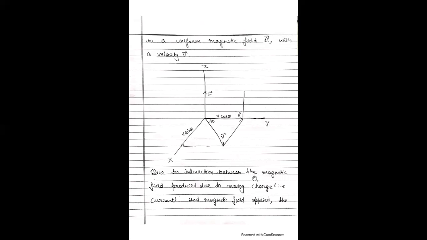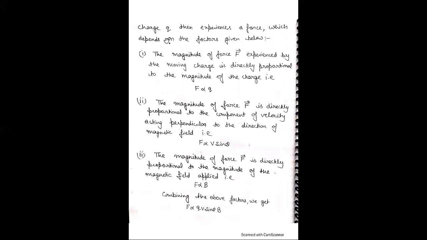Due to interaction between the magnetic field produced due to moving charge and magnetic field applied, the charge Q then experiences a force which depends on the factors that are given. The magnitude of force experienced by the moving charge is directly proportional to the magnitude of the charge.